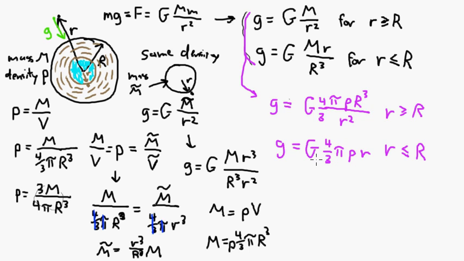Okay, so the last question, let's see if we have time for this. The last question on this pair is, what do you do when you have a planet that is rotating with a period of rotation T, so it's got a radius capital R, of course, like before, and you've got an object on the surface, and you want to know how fast it can rotate, what's the minimum T it can have before this object flies off.